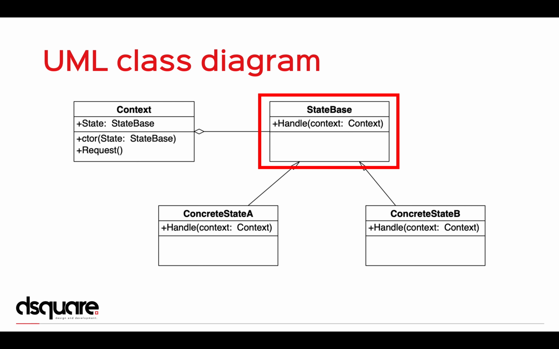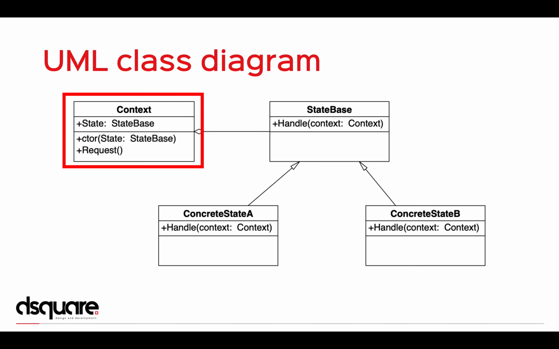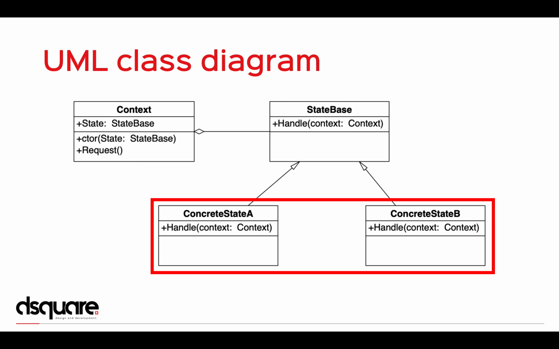So these two are fairly tightly coupled. Then lastly, we have various concrete states that depend on state base. These are the actual concrete states that the context might find itself in.